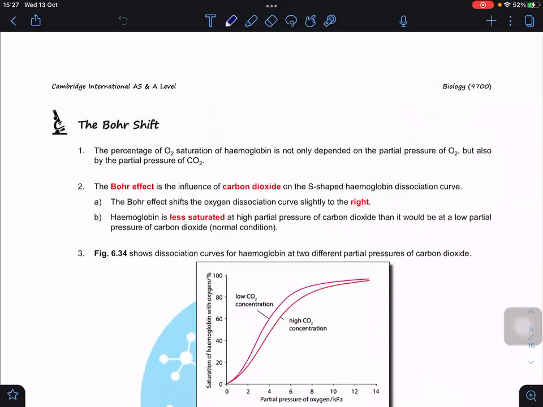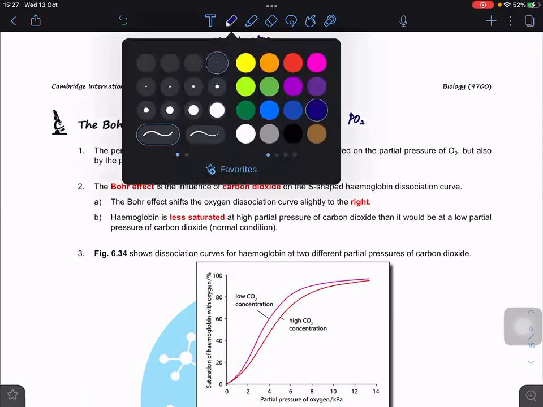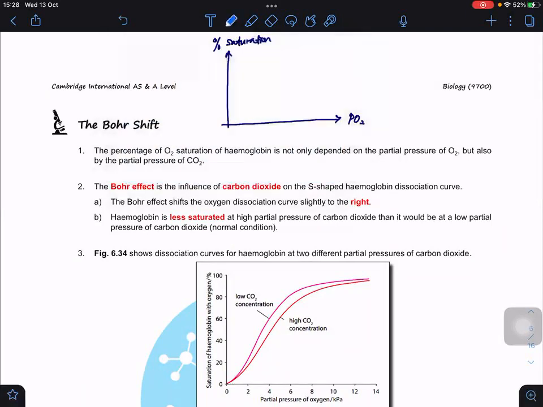Okay, because when you plot the graph, this is percentage saturation versus partial pressure of O2. And then you get the graph in sigmoid shape. Correct.